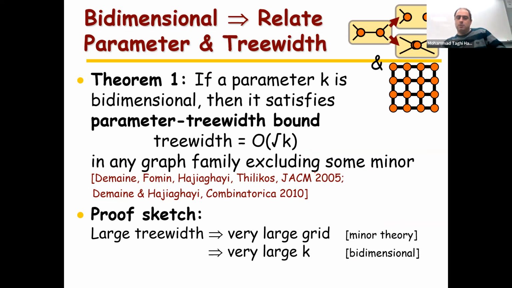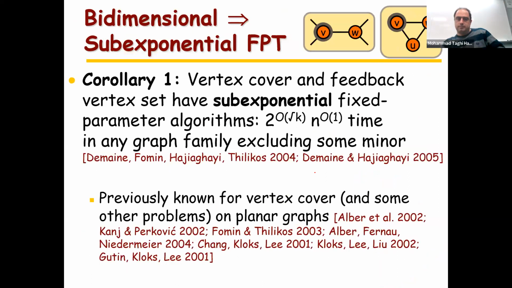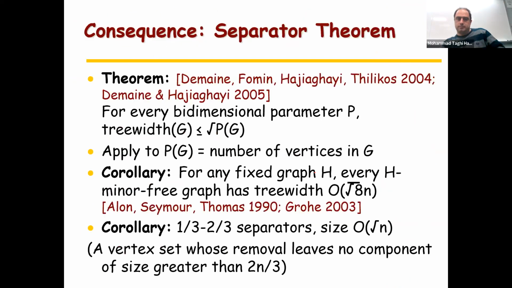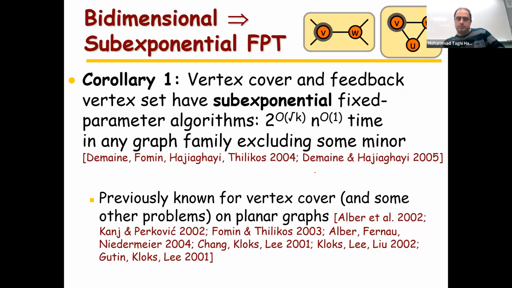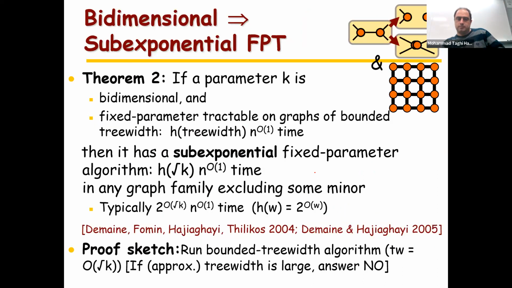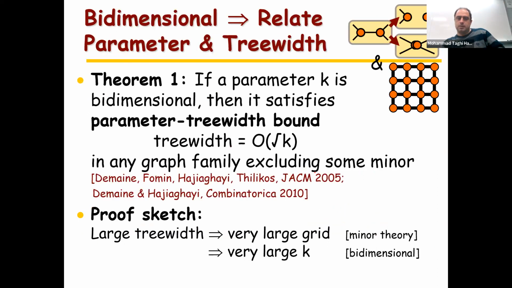Now, what do we have? This is the main thing, let me just see. This is the first theorem that we have here, which is the main theorem. If a parameter K is bidimensional, then it satisfies this parameter treewidth bound.